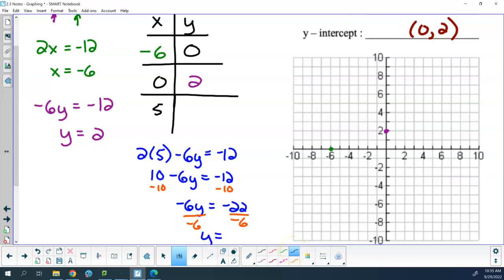What's that? 11/3? 11/3 is 3 2/3, right? So 1, 2, 3, and somewhere right up in there. And it falls in line. Then I can draw my line.